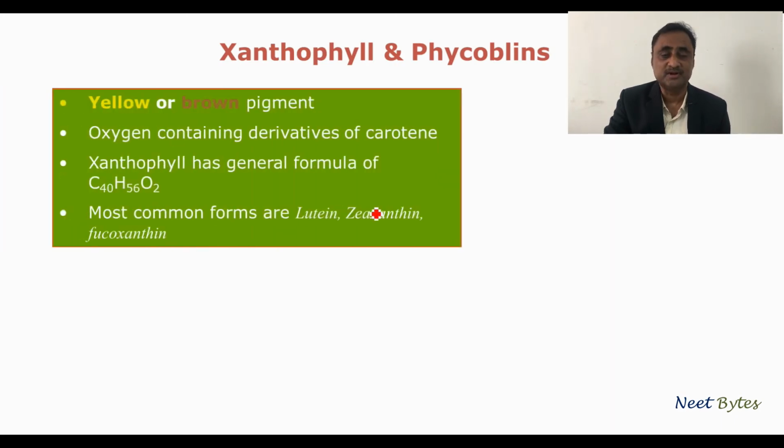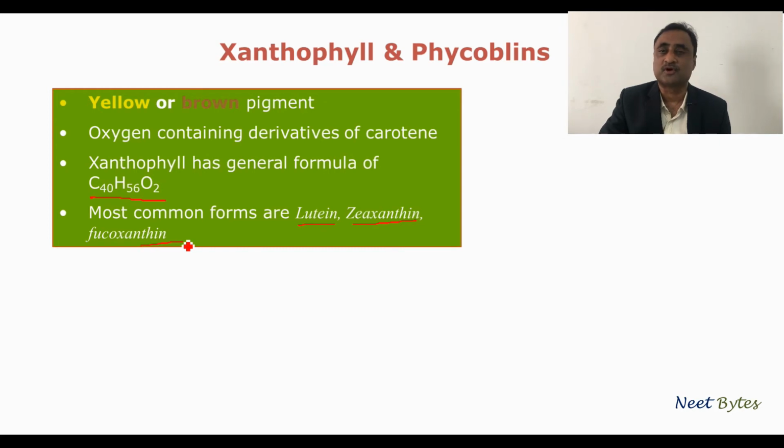Let's see one last pigment, that is xanthophyll and phycobilins. The xanthophylls are yellow or brown pigments, oxygen derivatives of carotene, so the molecular formula becomes C40H56O2, right? The most common forms are lutein, zeaxanthin, and fucoxanthin.